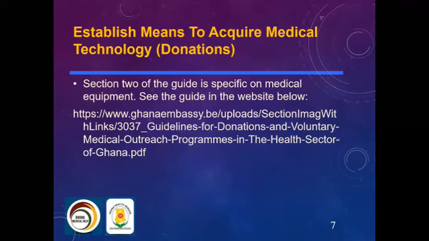All items should be labeled in English with the following information. That is the full designation of the product, generic name, dosage form, composition, doses, and rules of administration. That is, you have to indicate how it should be taken.